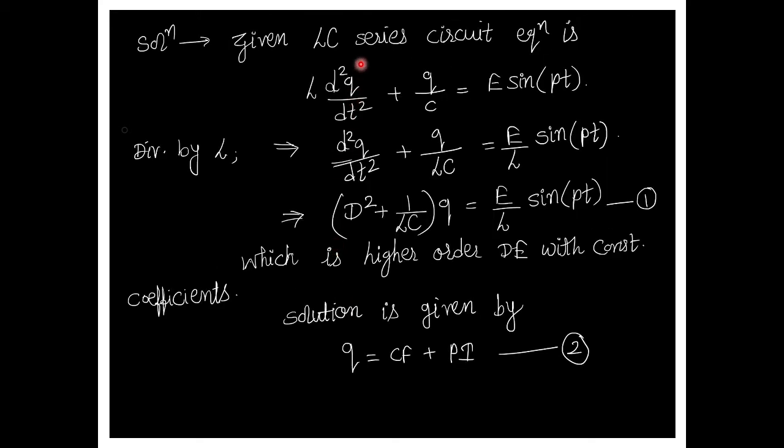and then divide by L. Therefore, we get this equation and substitute d by dt equal to capital D, that means symbolic form, which is represented in equation 1, the higher order differential equation with constant coefficients. Therefore, its solution is given by q equal to CF plus PI.